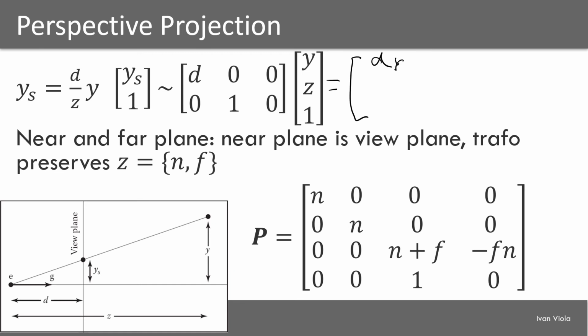And then for the second row, it will be 0 times y, 1 times z, and 0 times 1. So this will be z. And if this is now our homogeneous coordinate in this particular case, therefore it is equivalent to dy divided by z and 1 vector.